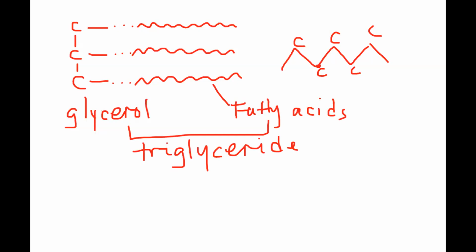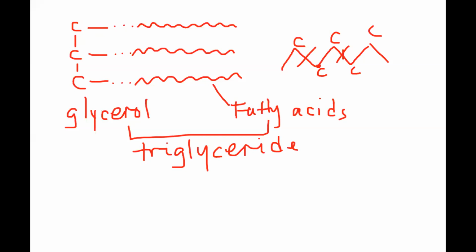Because there are so many chemical bonds in the fatty acids, that's why we say fat can store a lot of energy. When you break down these chemical bonds right here, you can release energy for making ATP. When you eat a steak with a lot of fat in there and swallow the triglyceride into the stomach, there's no chemical digestion there because there's no enzyme for fat in the stomach.